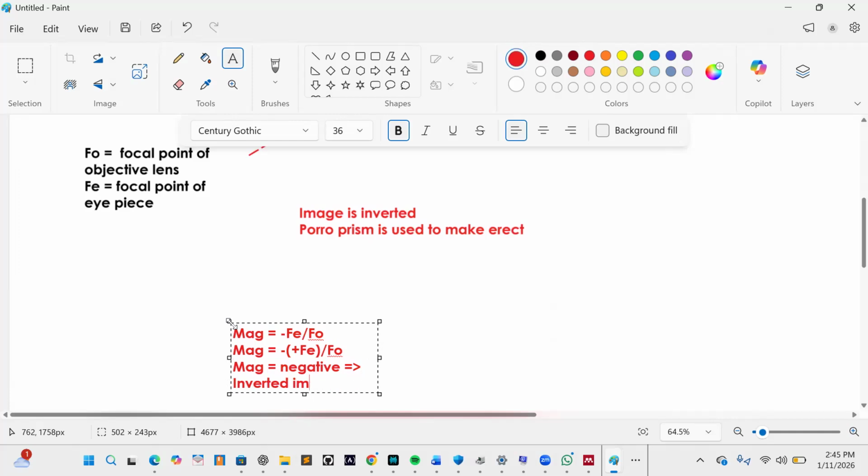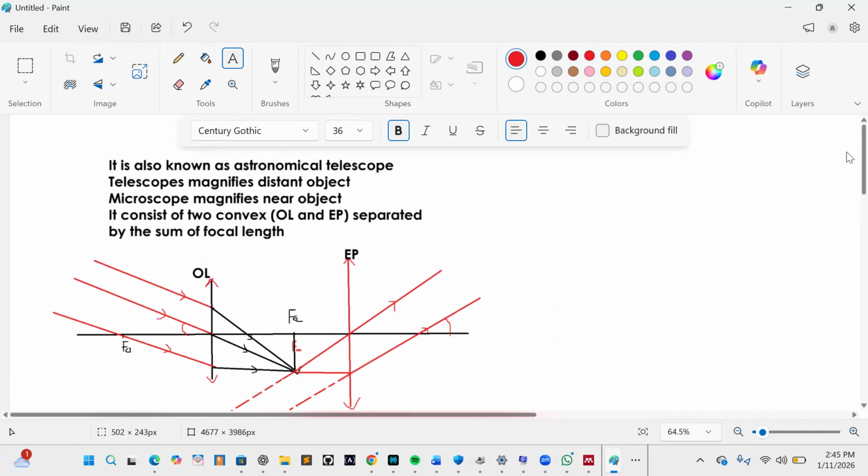Unlike in the Galilean, where one is negative and the other positive, so by the time you derive that, it's going to be positive magnification. So that's the Keplerian telescope diagram.